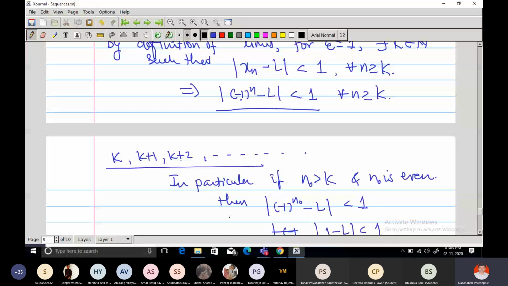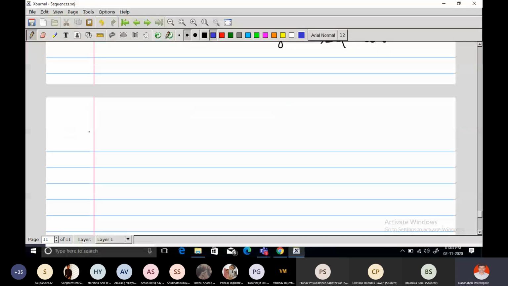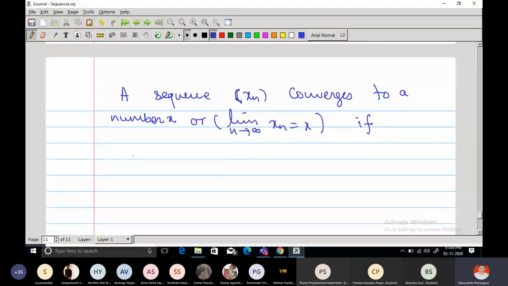So let us recall the definition again. Sequence xn converges to a number x, or limit n tends to infinity xn is x, if what?